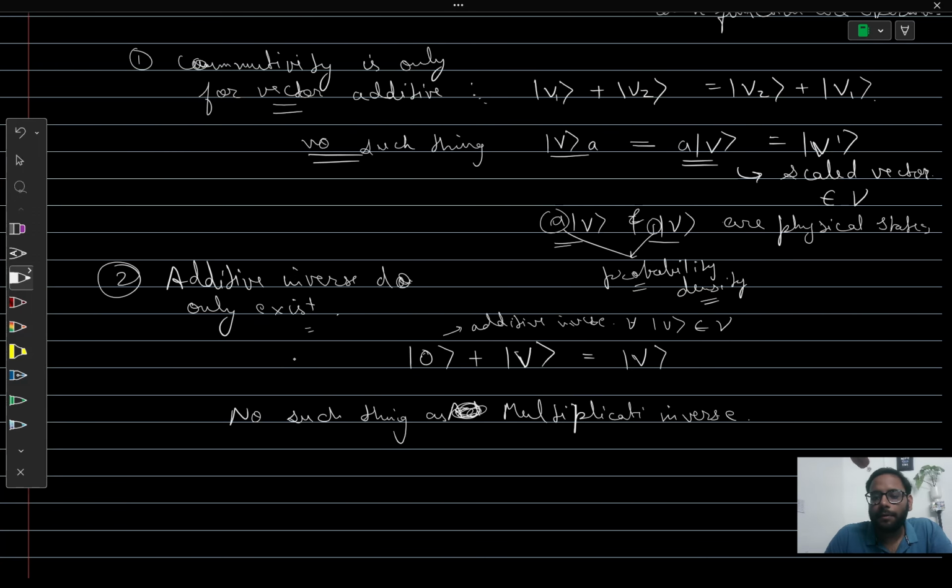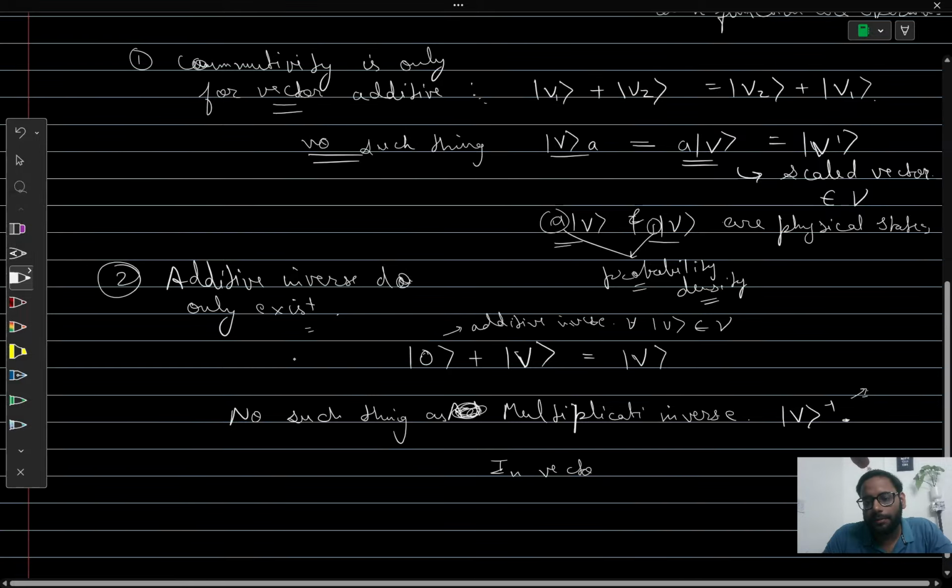That would be from a different set. In our vector space, we do not include such a thing as a vector inverse.